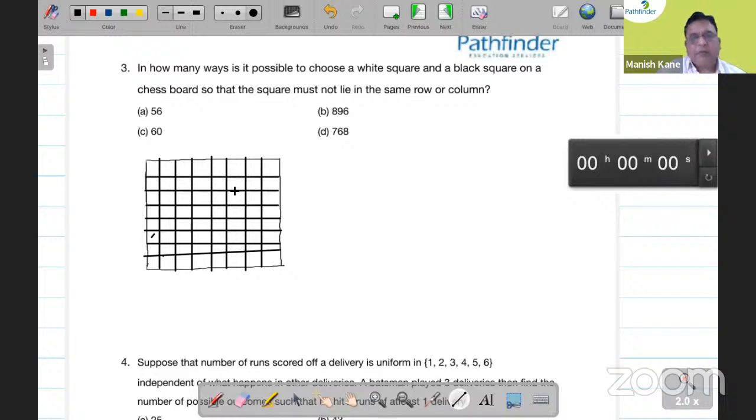So you have an 8 by 8 board, and the cross stands for black, right? The cross stands for all black. And you will appreciate that no two adjacent squares can be black.